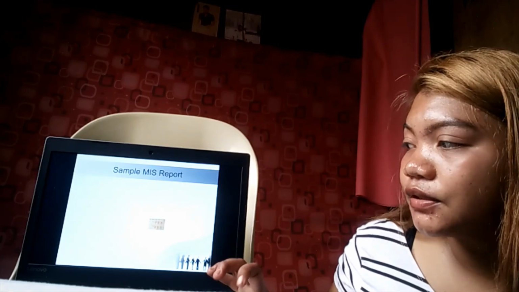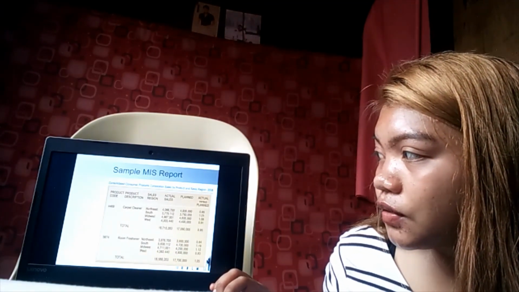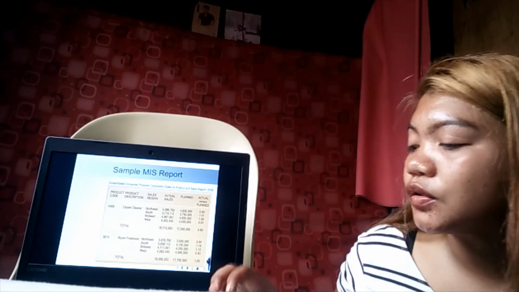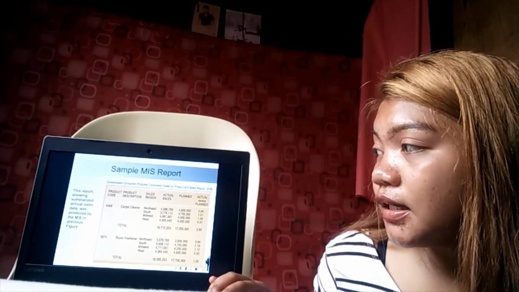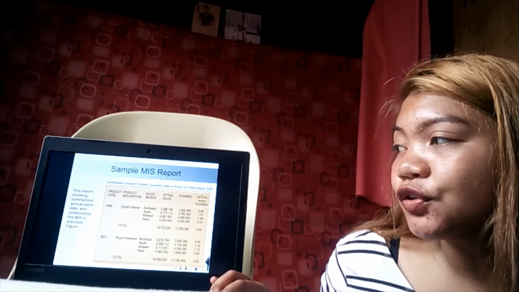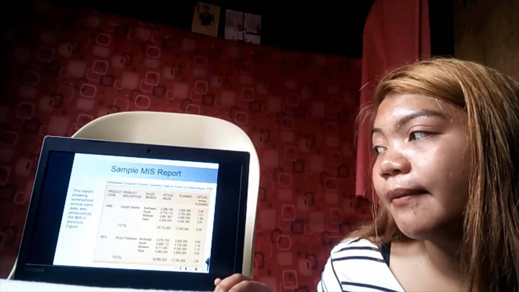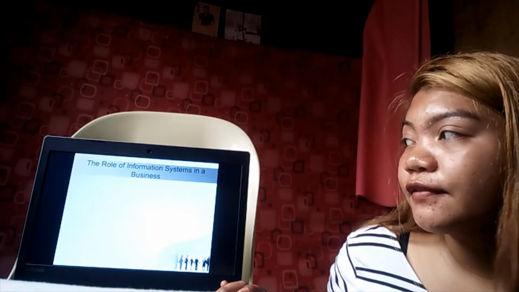Sample MIS report. The Consolidated Consumer Products Corporation sales by product and sales region 2008. This report showing summarized annual sales data was produced by the MIS in the previous figure. The role of information systems in a business.